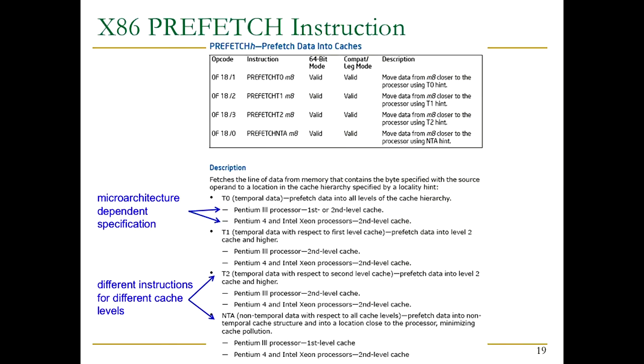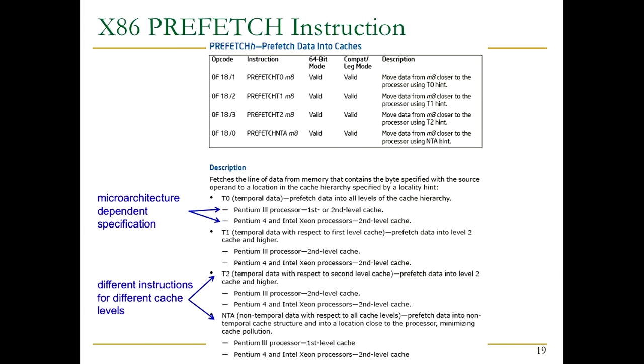Okay, and there's also T1, there's also T2. As you can see, temporal data with respect to the first level cache, they don't place it into the first level cache. Temporal data with respect to the second level cache. It's interesting because it's not clear what this exactly means, because the behavior is specified to be exactly the same. This is old also, so there might be new definitions clearly. As you can see, this talks about Pentium 3, Pentium 4.